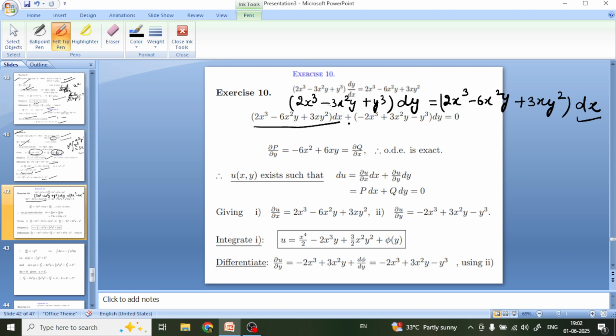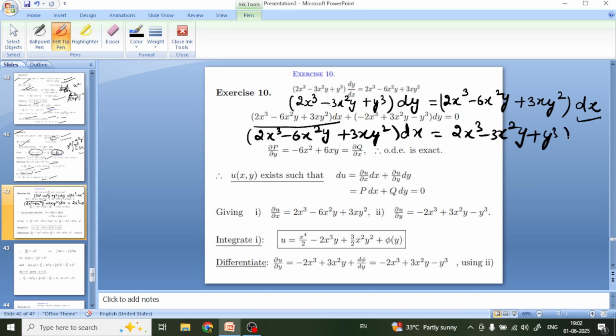Plus minus 2x cube plus 6x square y plus 3xy square dx is equal to 2x cube minus 3x square y plus y cube dy.